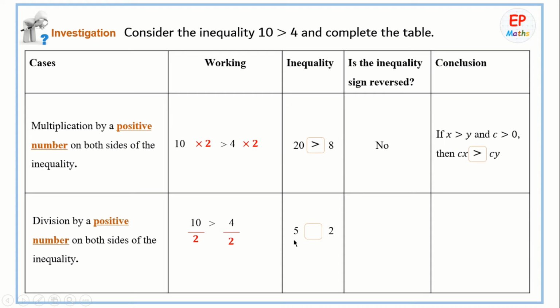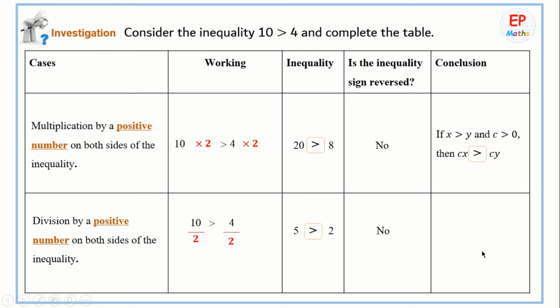So we have got 5 and 2. But obviously we see that 5 is more than 2. So check. Look at before and after the working. Still, the sign is the same. So the sign has not been reversed.